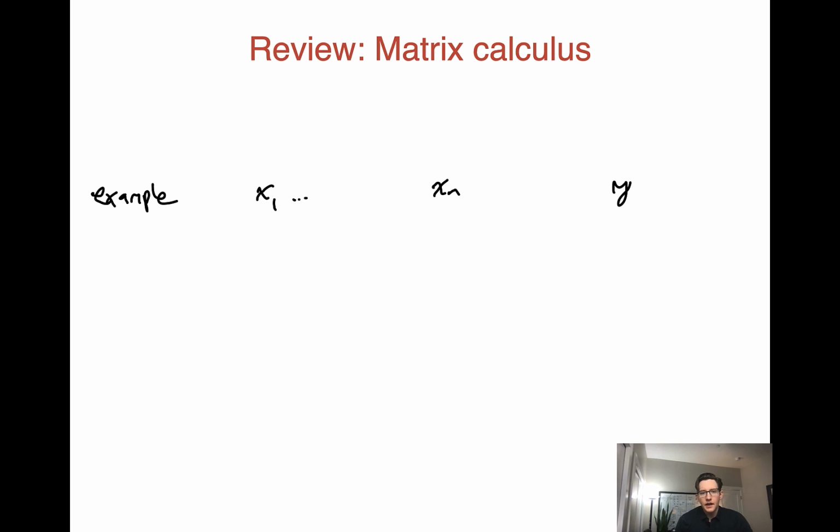First, we need to realize that generally we're going to have a whole training set. So this is going to be example 1, and we have examples all the way up to n.